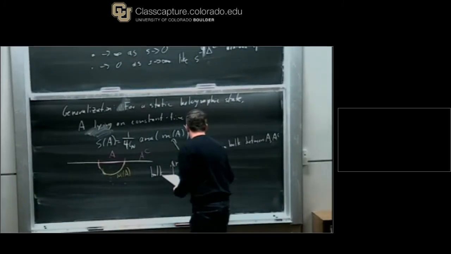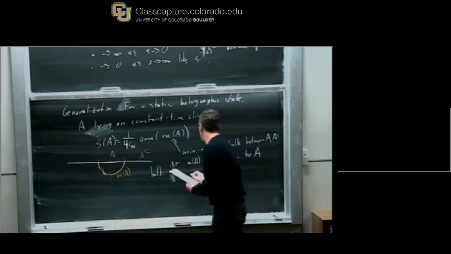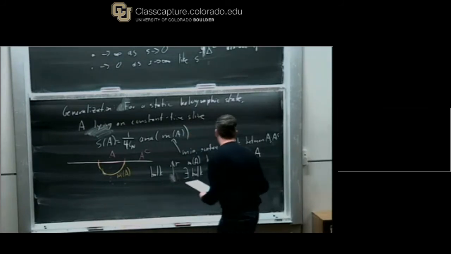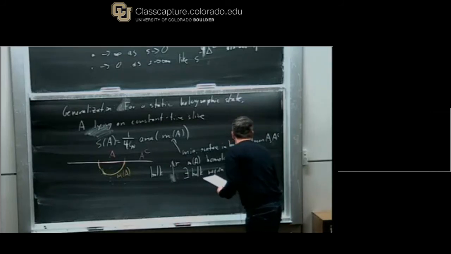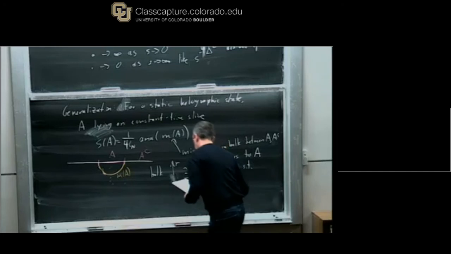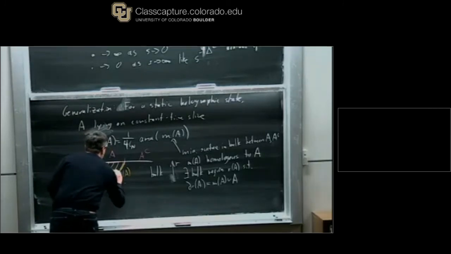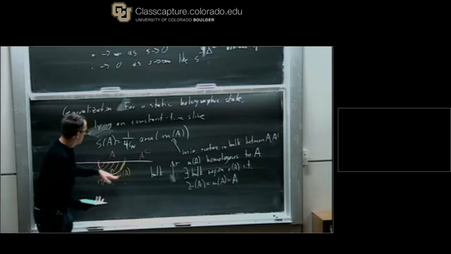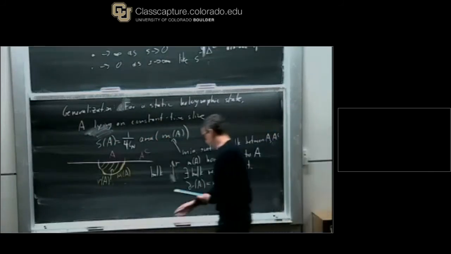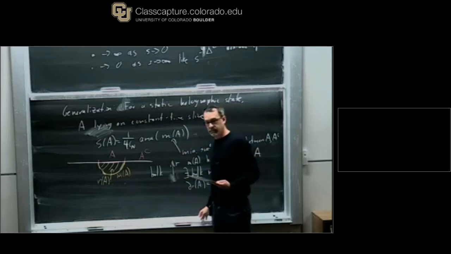We would say that M of A is homologous to A, which means there exists a bulk spatial region, R of A, whose boundary is M of A union A. So here's my R of A, and the boundary of R of A has 2 components, M and A. Okay, so this is the celebrated RT formula, and don't forget that there's secretly order 1 corrections to this. Okay?